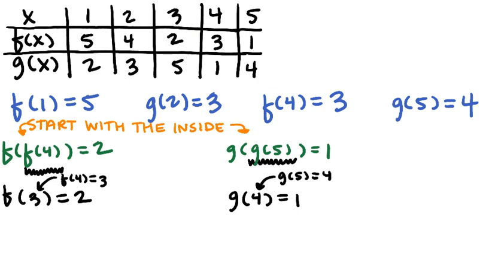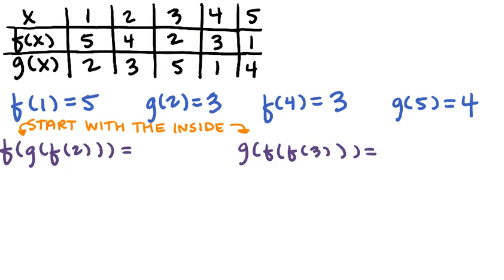Now the next ones are more extreme examples, but we can do these too. All right, so they ask us for f of g of f of 2. What I'm going to start with is f of 2. f of 2 is equal to 4. So I've got f of g of 4.